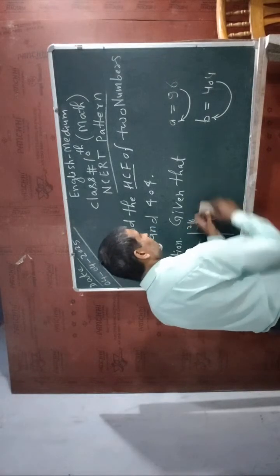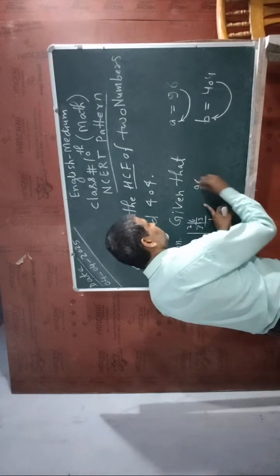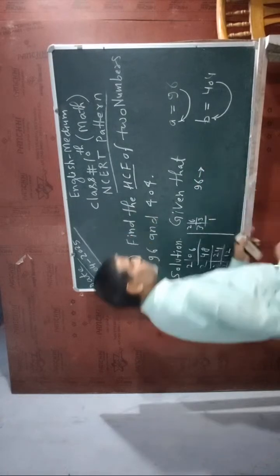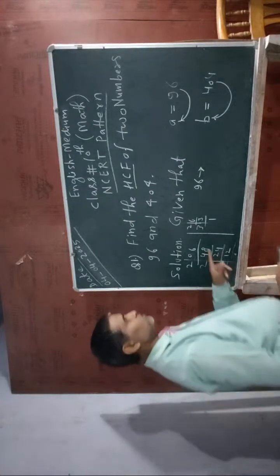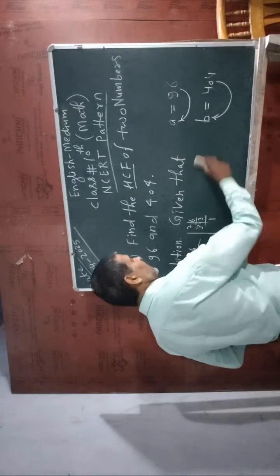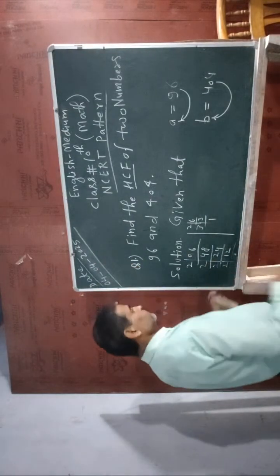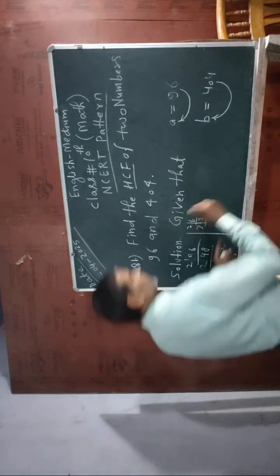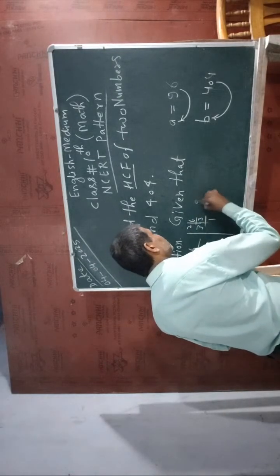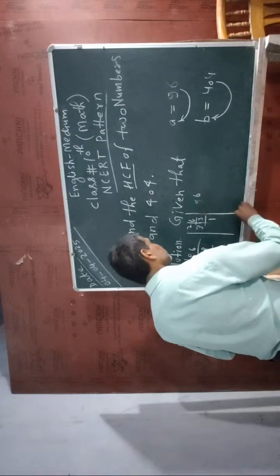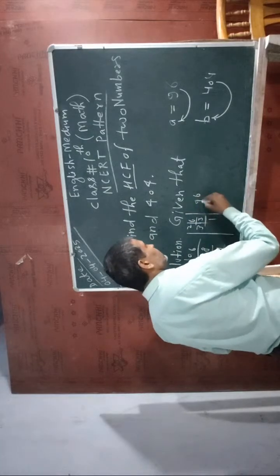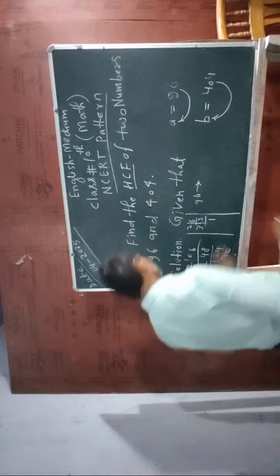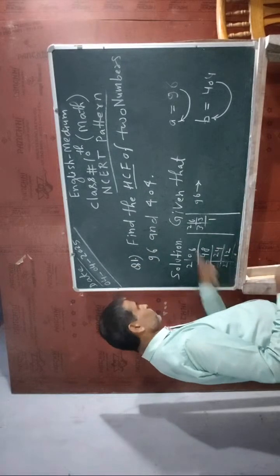It means that the prime factor of 96 I will write here. Here is no space, but no issue. Here I will write 96. Here I am putting one line. 96 is equal to 2 five times.